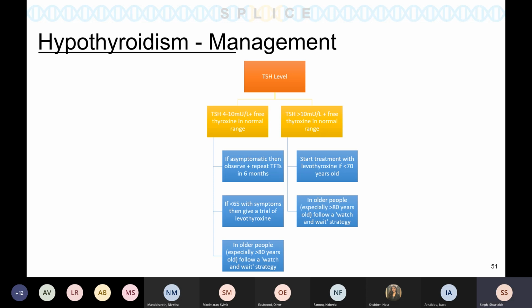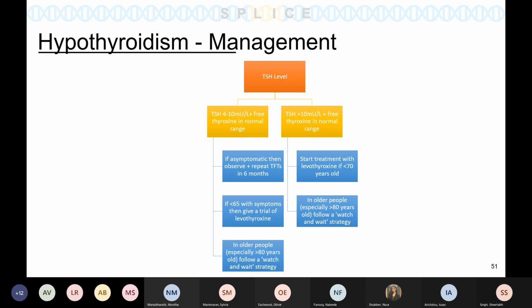If somebody is less than 65, so young, with symptoms, then give a trial of levothyroxine and see how they go. And then in older people, follow a watch and wait strategy. So that's the case in both situations where the TSH is even higher. So if they're old, watch and wait. With regards to TSH over 10 and a free thyroxine level in the normal range, you start treatment if they're less than 70 years old.